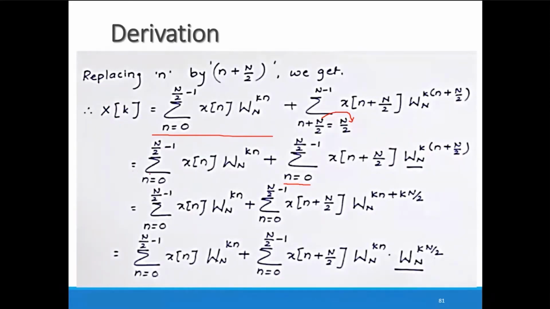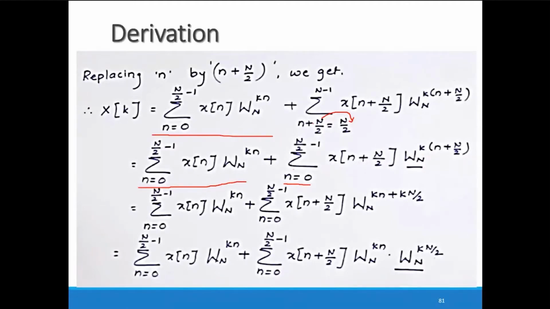X of k is sigma n is equal to 0 to N by 2 minus 1 x of n into omega N raised to kn. In the second term, after simplification, the summation sigma n is equal to 0 to N by 2 minus 1, x of n plus N by 2, into omega N raised to k into n plus N by 2.